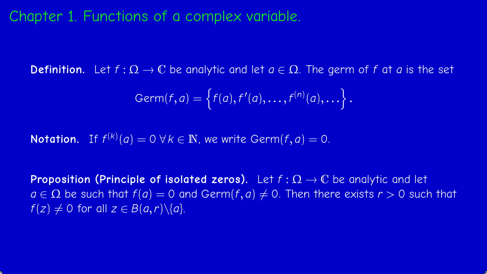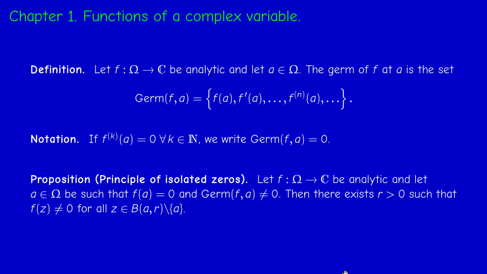So if we have an analytic function that vanishes at a point A inside its domain, but the germ of f at A is not trivial, which means that the first term here is 0, but among all these derivatives there is some element which is not 0, so some derivative at A is not 0, which means that f is not trivially 0.